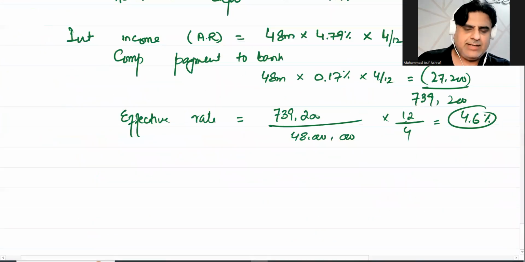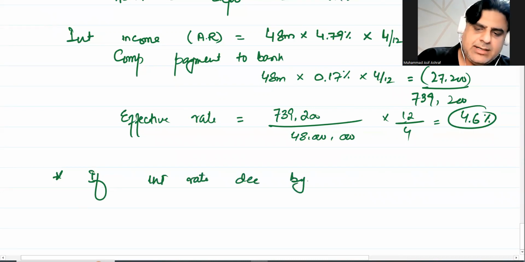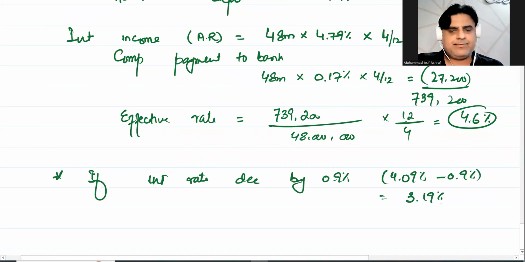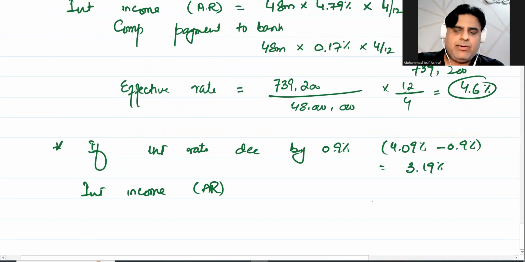Now let's solve the other situation, that if the interest rate decreases by 0.9%. Previously it was 4.09 minus 0.9, so this is 3.19%. So you are going to receive interest income. I told you interest income will always be on the actual rate.